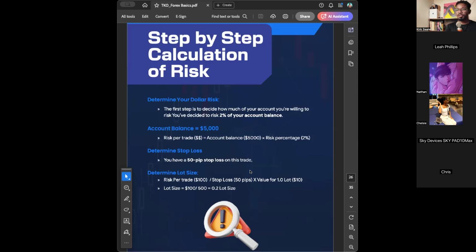The risk per trade is $6. So you're going to put your $6 over 30, multiplied by the value of a 1.0 lot, which is 10. So 6 over 30 multiplied by 10.